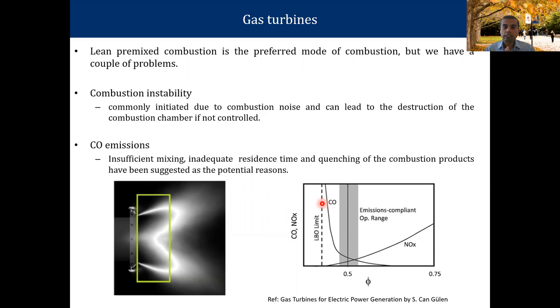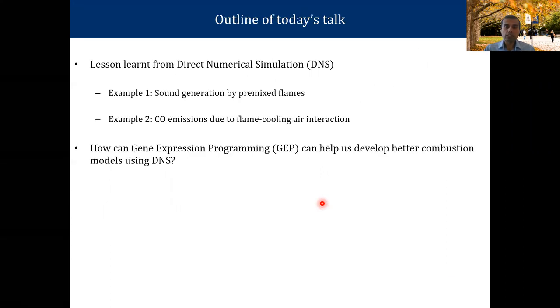For example, in a gas turbine combustor, we need cooling air to reduce the temperature of the product, and that can cause an increase in the amount of CO, okay? So these are the issues we face in developing a cleaner gas turbine.